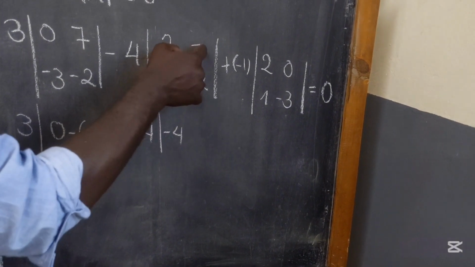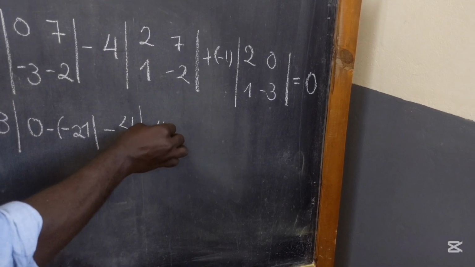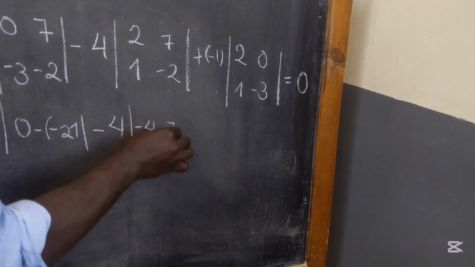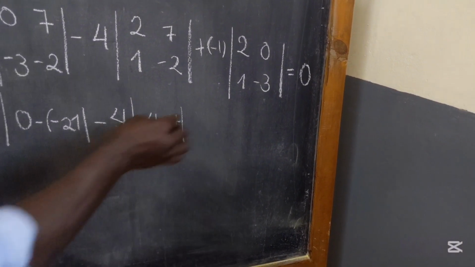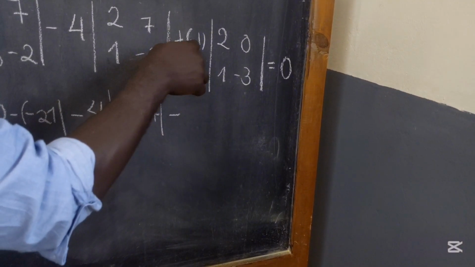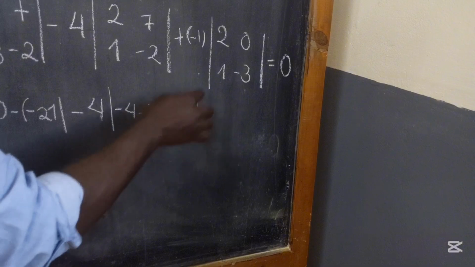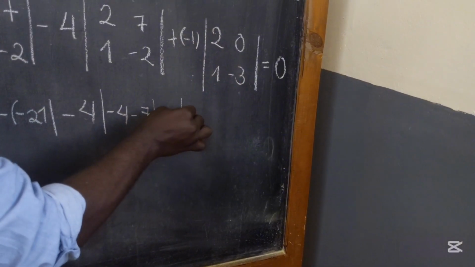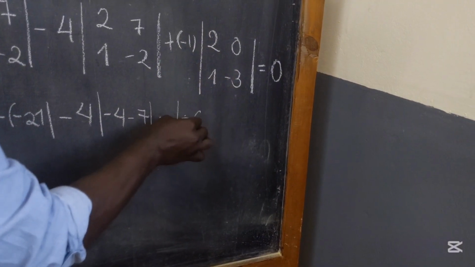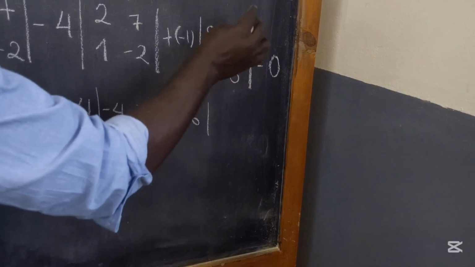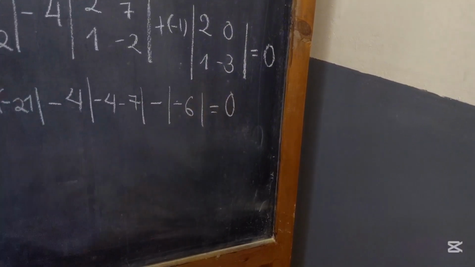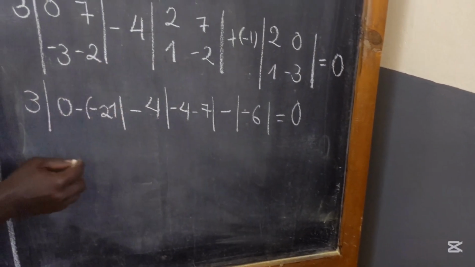Then 1 times 7 equals, here take minus 7. Now here plus times negative equals negative, and you have 2 times 3, that is -6, and 0 minus 0 is equal to 0.